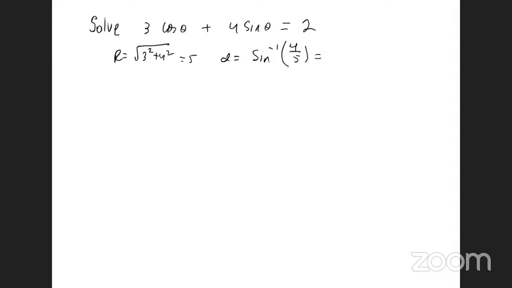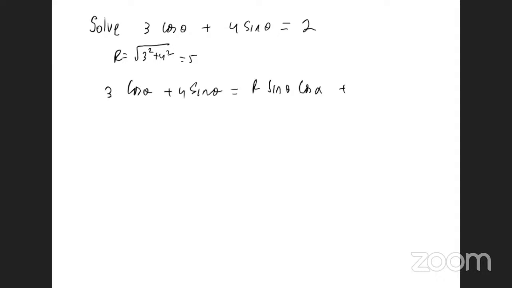Or sine inverse 4 and 5 again. Sorry, I wanted to show you something here. That's why I flip it around. So you would recognize here now that 3 cos theta plus 4 sine theta, if you use the same expansion, will be r sine theta cos alpha plus r sine alpha cos theta.